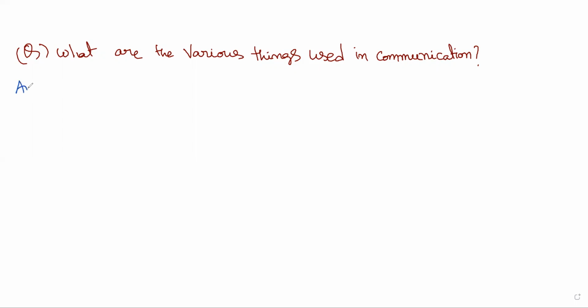So in communication, we use several things such as source of information. So what could be the source of information? It can be speech, pictures, words.